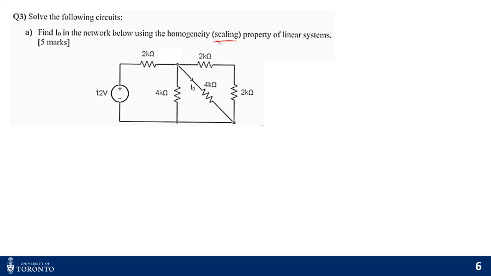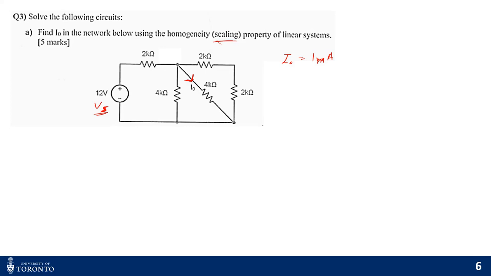So you start by assuming that your I naught is 1 milliamp. By assuming I naught is equal to 1 milliamp, you trace back to find what your Vs should be.